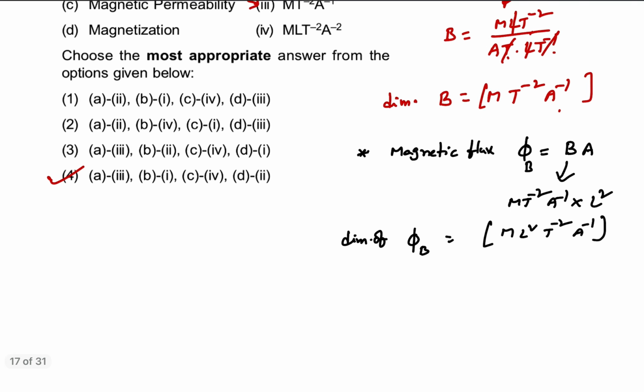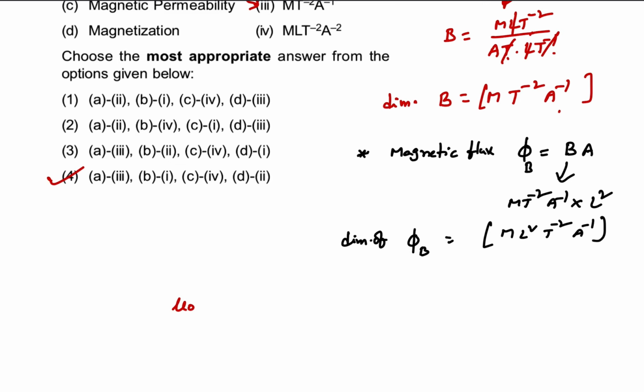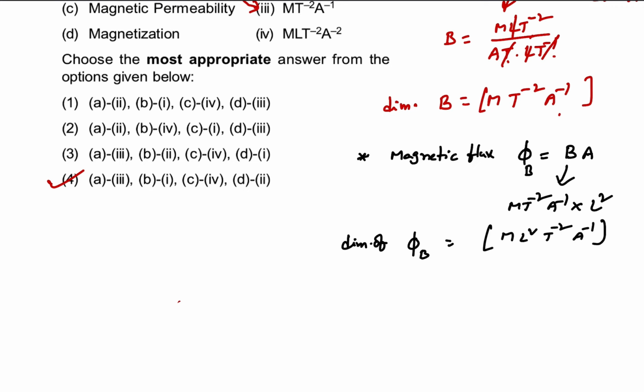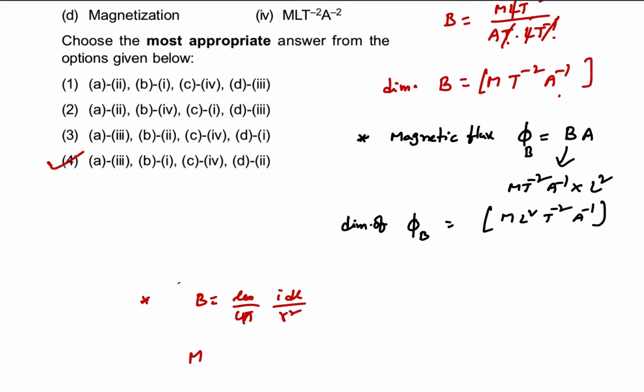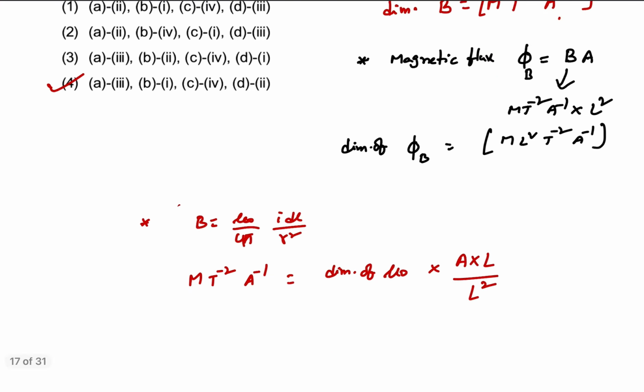Magnetic permeability. What is magnetic permeability? I have written this mu naught value many times. If you want, you can write it again. B is equal to mu naught divided by 4 pi into I dl sin theta divided by r square. Already I got the B value as M T power minus 2 A power minus 1 in this question. That is equal to dimension of mu naught into I, which is A, and dl, which is L, divided by L square.